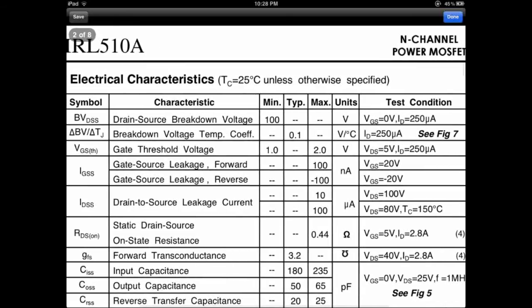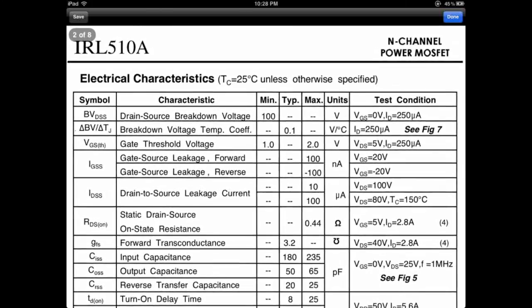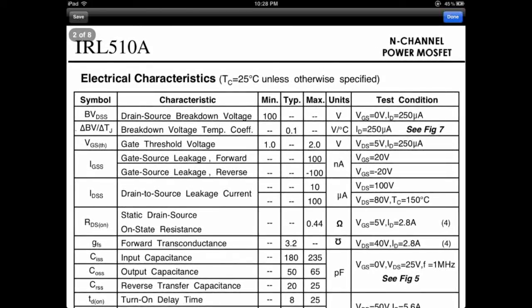It gives you gate source leakage, forward voltage, all that fun stuff, because there are leakages to these guys. You learn in school that they do not draw any current on the gate, and that's what's so magical about these. They draw 0 current, unlike a BJT, which draws all kinds of current on its base to turn it on. These just work off of voltage. Well, not necessarily.